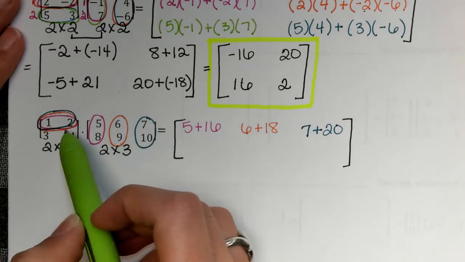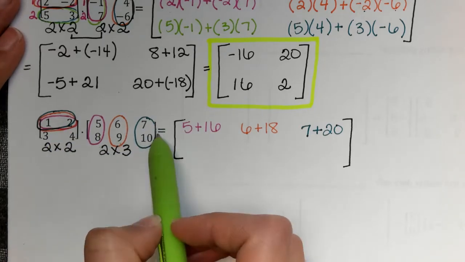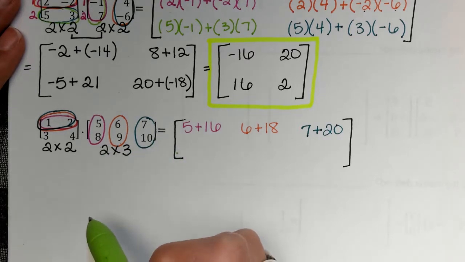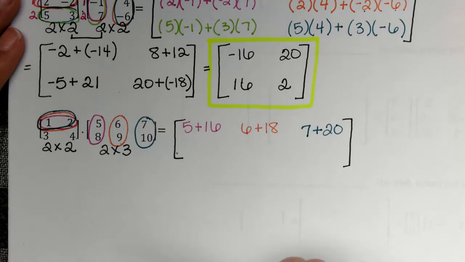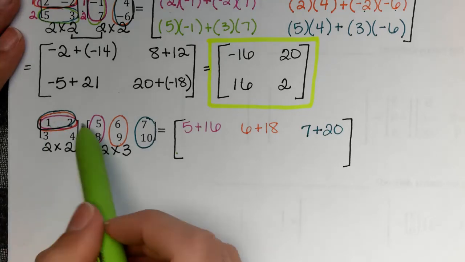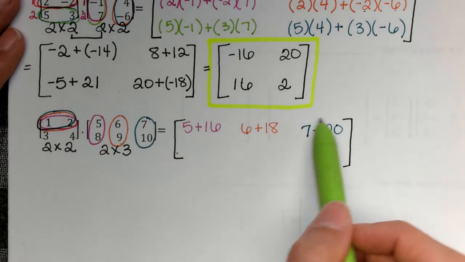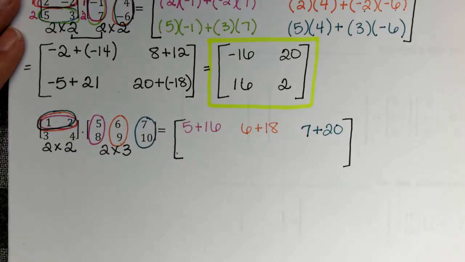It just, to me, is easier to stick with one row, column, column, column, and then do second row, column, column, column. Because either way, you're going to have to do row by column. So I don't like to do row 1, column 1, row 2, column 1. I like to go all the way through and then start on row 2. It makes it easier for me in my pattern. If you would rather do column, column, column, then that's up to you.